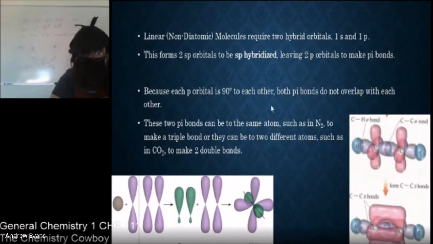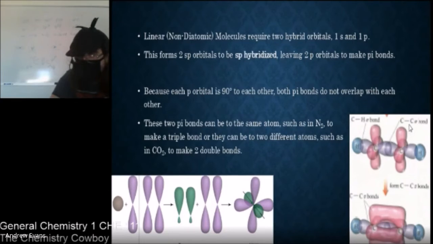Here's an example of a triple bond. For the linear diatomic molecule, you use an s and a p. It becomes sp hybridized, so it uses just one of the 3 p's. 2 p's are still there. Each p orbital is 90 degrees from each other.